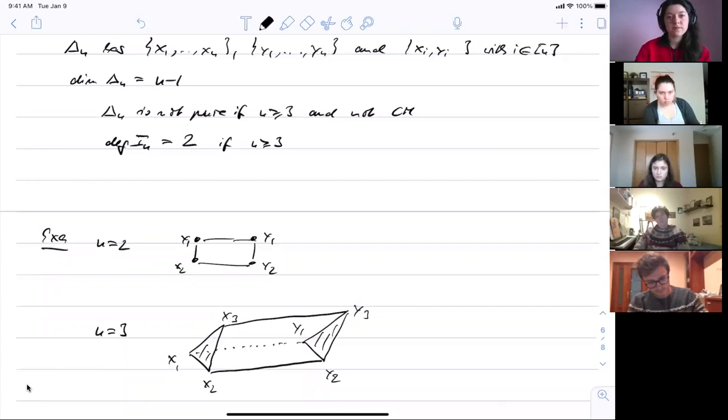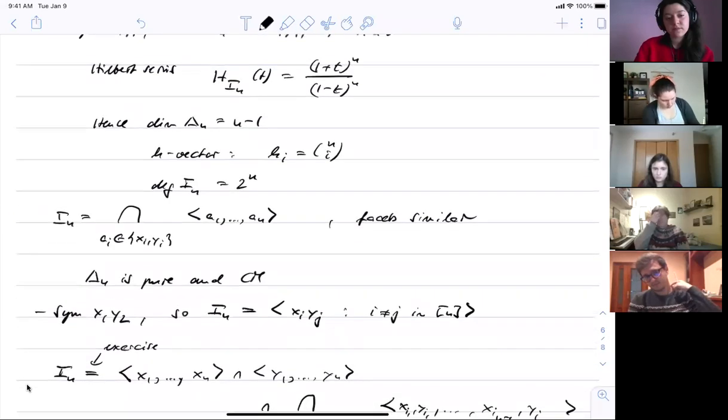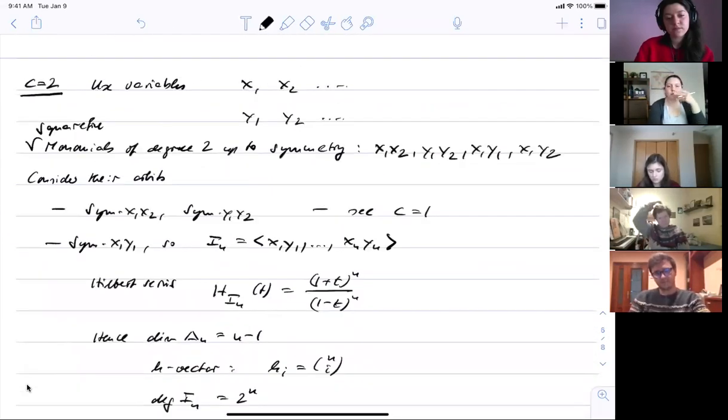And so if you want to complete this, if you insist that all your generators in the square monomial ideals have degree 2, so now we considered the orbits of each of these individual monomials. Now you could consider sums of orbits. But this is again a finite number, and I encourage you to work it out.